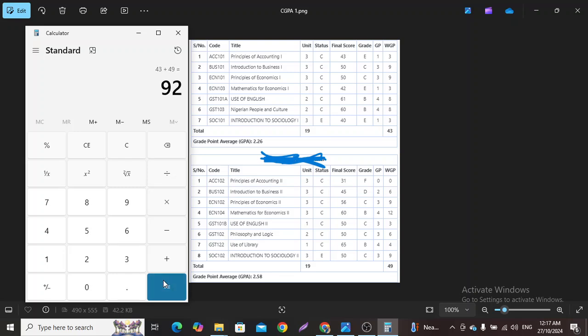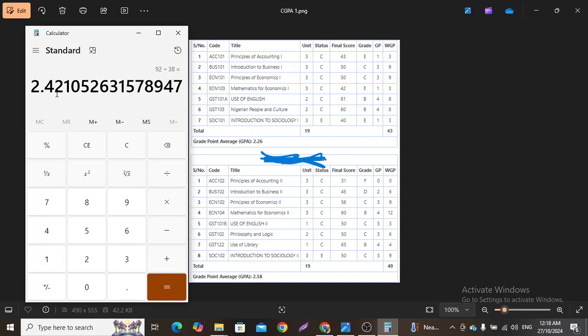This will give you 92. So you divide this 92 by the 38, the total units registered. Now this will give you 2.42. This is not captured here in this result.